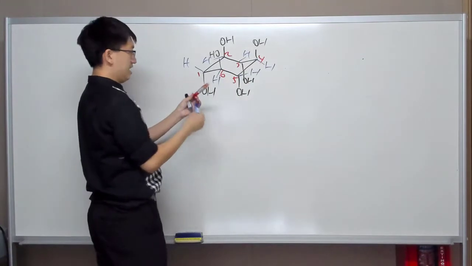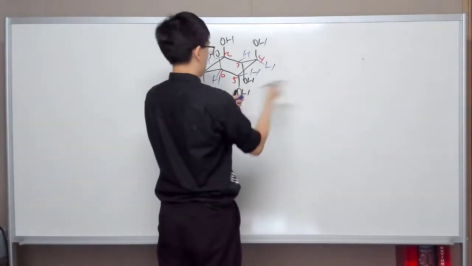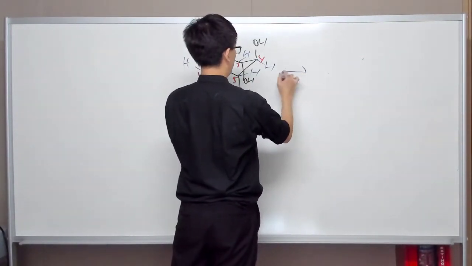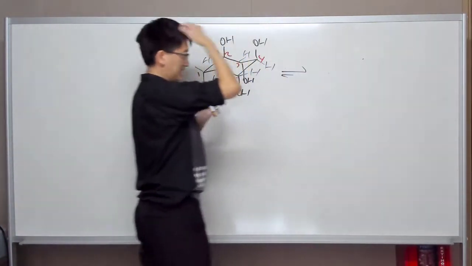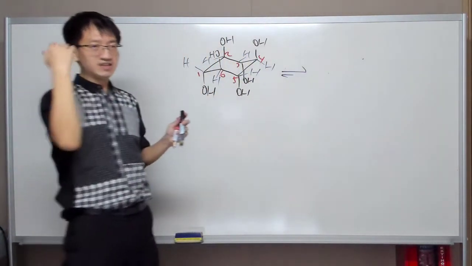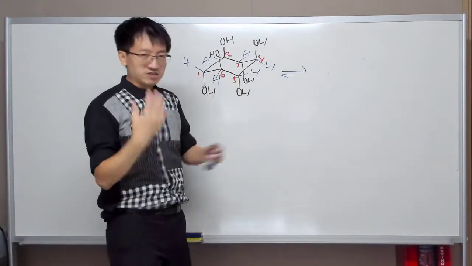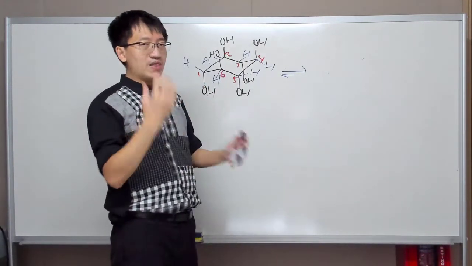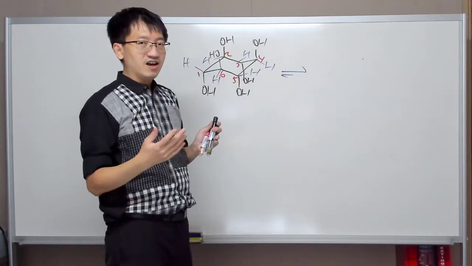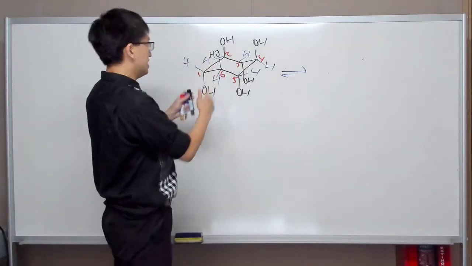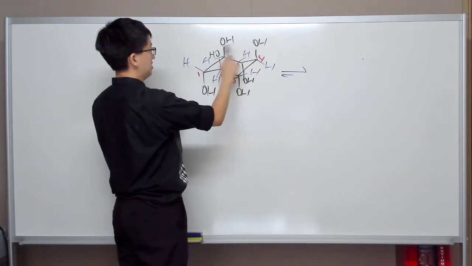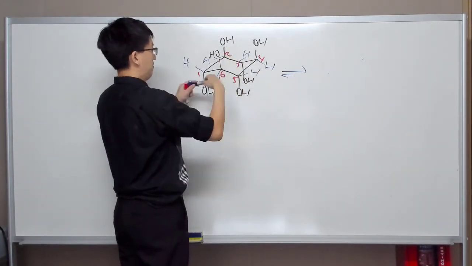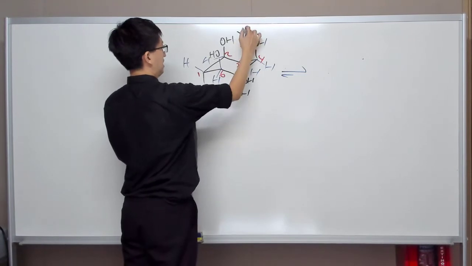Then now we'll do a ring flip. You'll notice that this equilibrium arrow is leaning towards the right hand side, for a reason which, in the course of your studies, you will learn as 1,3 diaxial interaction. That means that bulky groups in a 1,3 position will have significant steric repulsion.